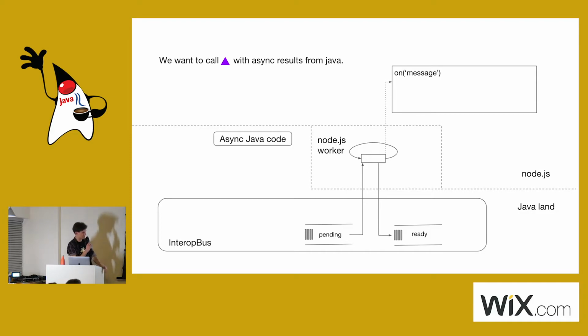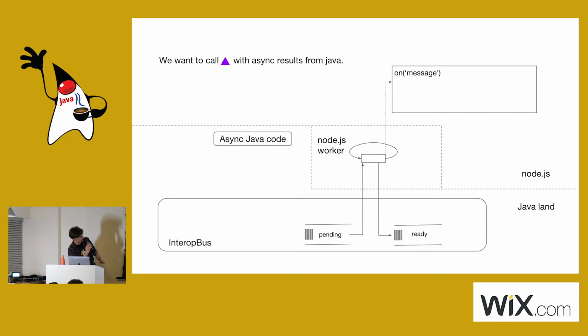So in order to solve this problem, you sort of need three components. One is the interop bus, which implements the magical bindCallback function. You need one queue of pending thunks and one queue of ready thunks. You need a Node.js worker thread, from the worker thread module in Node, which is kind of disposable, and you can block on it. It reads from one queue and puts it into the other, and it can communicate with the main Node process via messaging.